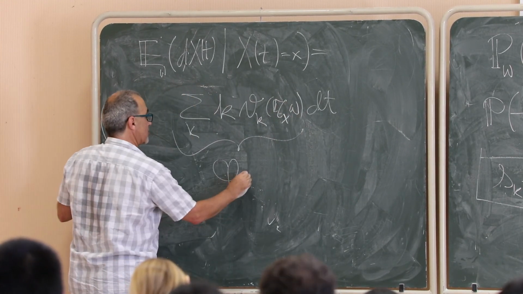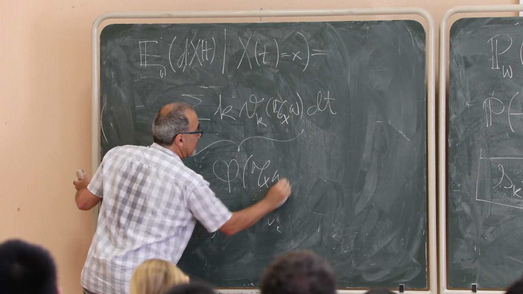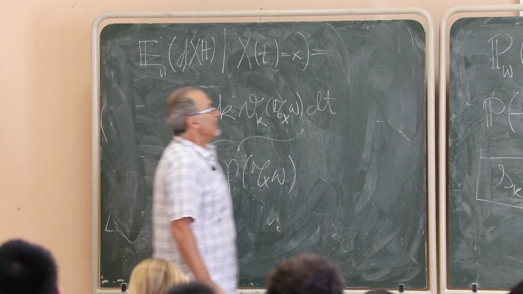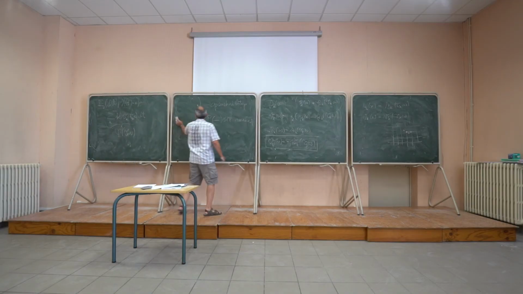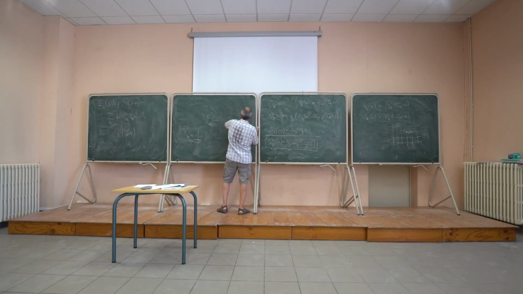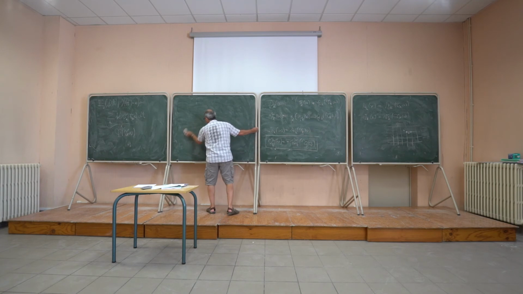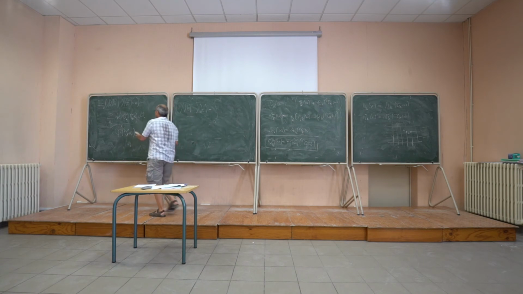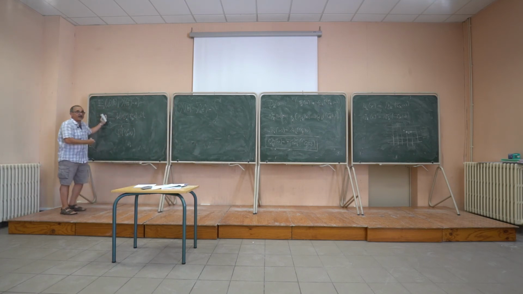So phi of omega, you see what it is. Then we write X_t minus the integral from 0 to t of phi(eta_s) ds. Mind that this is exactly the conditional expectation, the conditional speed.